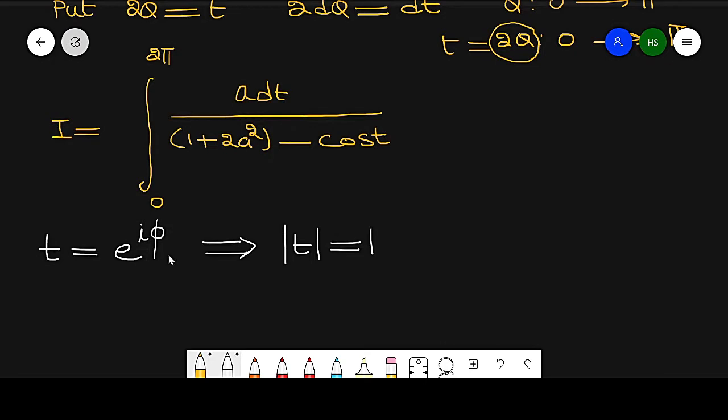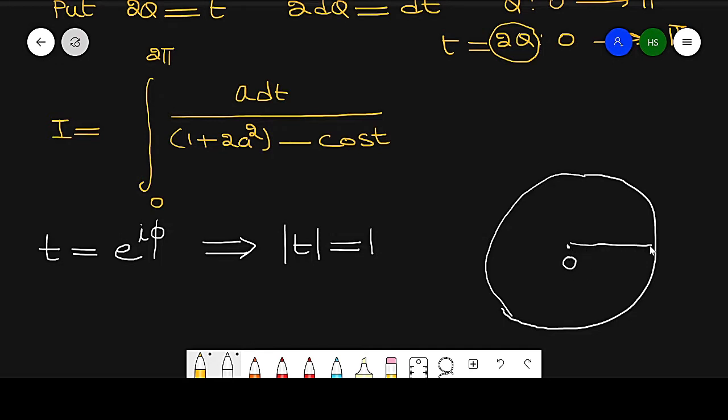This is a simple contour C whose origin is O and radius is 1. So this is denoted as C. C is modulus of t equal to 1, right? So 1 by t is equal to e raised to power minus iota phi.